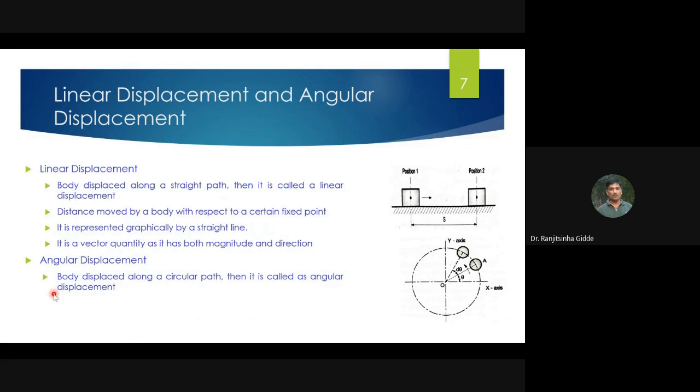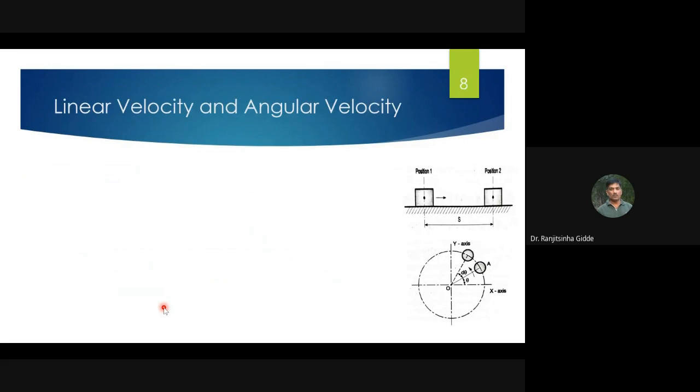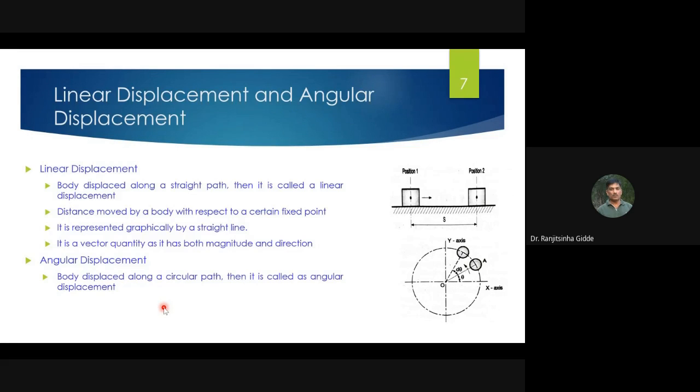So write down: when a body is displaced along a circular path, then it is called angular displacement.